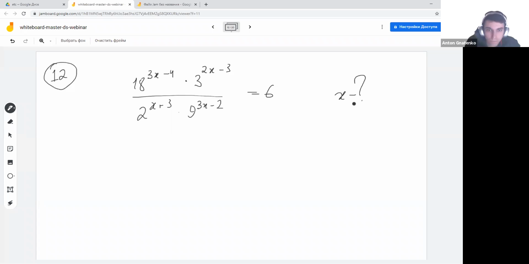Well, what I would do: you know that, for example, 18 is 2 times 3 times 3, and 9 is just 3 times 3. So I'll use these equalities and just substitute 18.